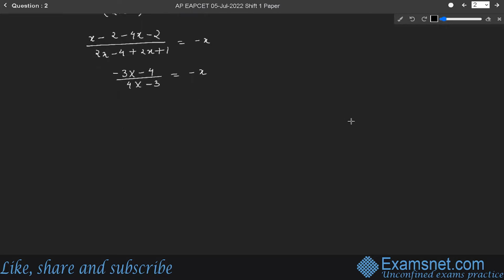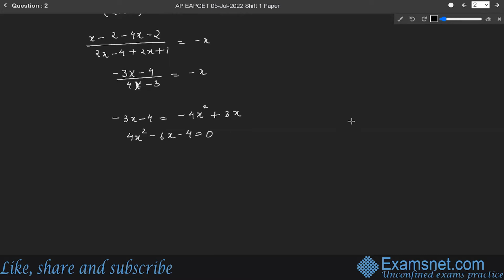On further solving, and doing the cross multiplication, it becomes minus 3x minus 4 is equal to minus x into 4x minus 3, where the numerator is minus 3x minus 4. So minus x into 4x is minus 4x square plus minus 3 into minus x is plus 3x. On further solving it, it will be 4x square minus 6x minus 4 is equal to 0.